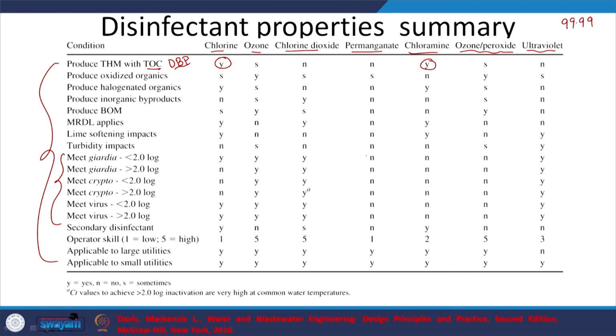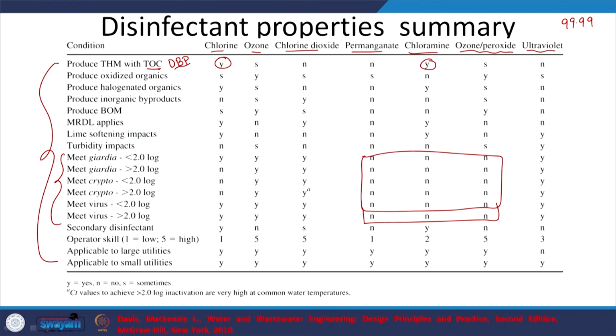So as you can see here, permanganate, chlorine and such are not able to achieve a great level of removal for quite a few of the pathogens of interest. So that's something to keep in mind, as in not every disinfectant is effective against the range of pathogens that we come across.